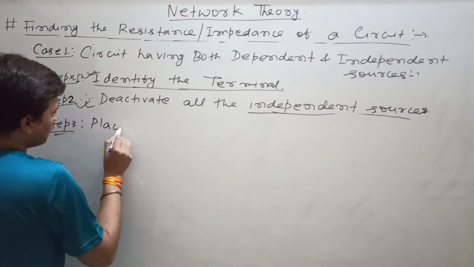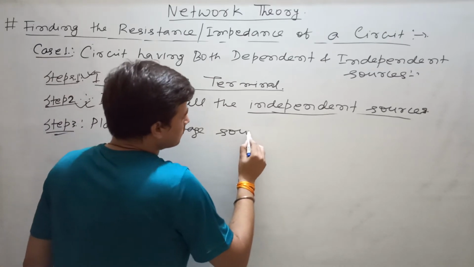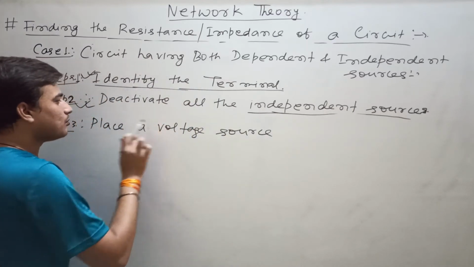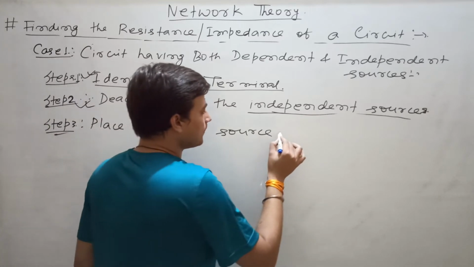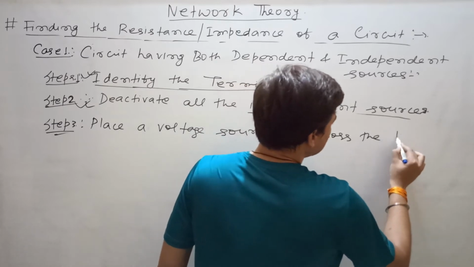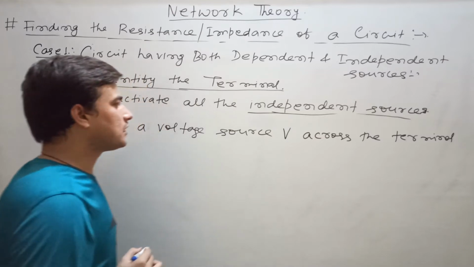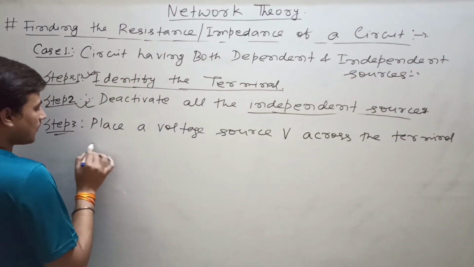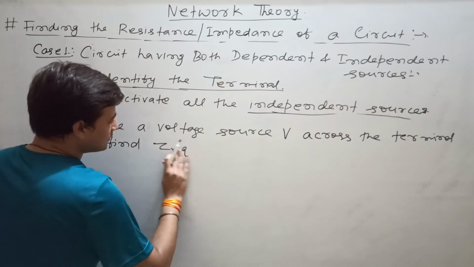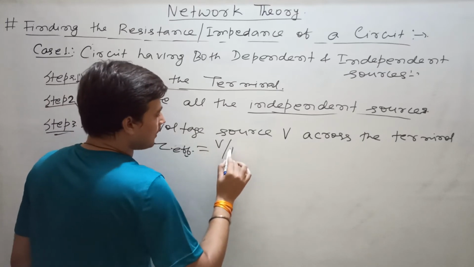Place a DC voltage source V across the terminal and find Z effective, that will be equal to V divided by I.